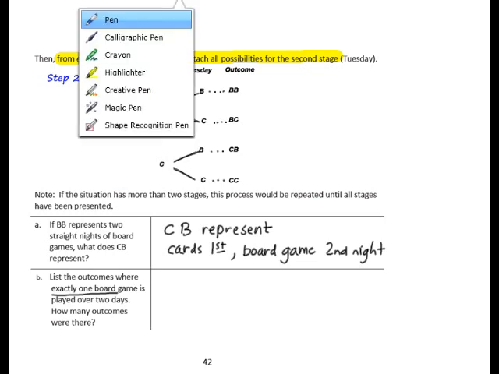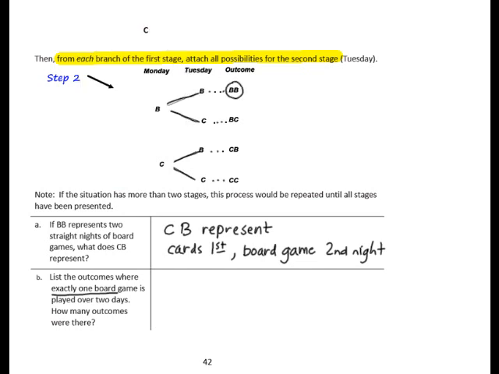So let's take a look. Here we have BB. That is not exactly one board game, so that does not qualify. The next outcome was BC, which is board game, card game, so that qualifies. Board game, card game. The next outcome is cards, then board game.